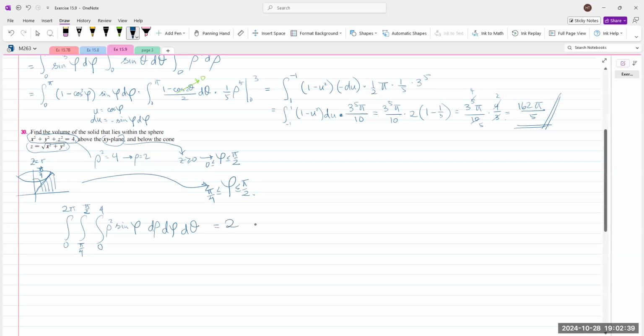Independent of theta, so that's 2 pi. Because the domain is a rectangle, quote unquote, and the integrand is separable, right? So the integral of sine phi d phi from pi over 4 to pi over 2 times the integral from 0 to 4 of rho squared d rho.